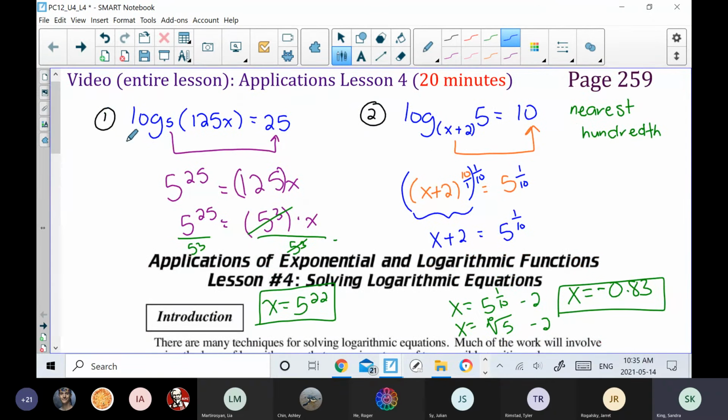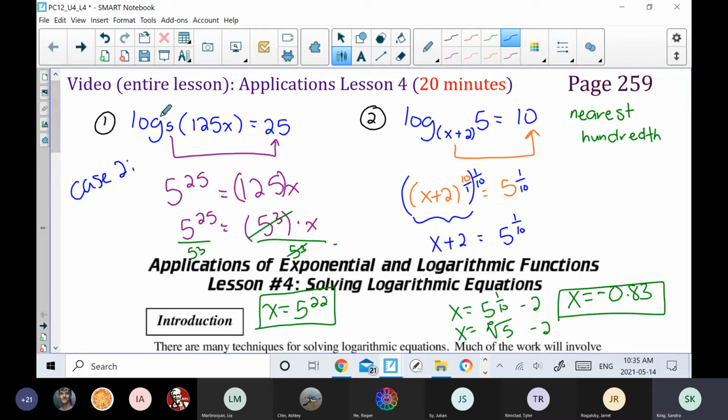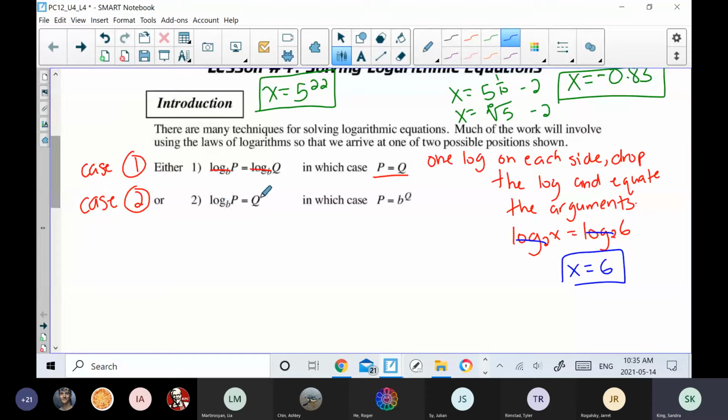Case 2 is what we did up here. These two examples are case 2. Basically, case 2 is where you're going to have a log and a constant. A constant is just a number by itself. So when we have a log and a constant, what we do is get out of log form by converting to exponential form.